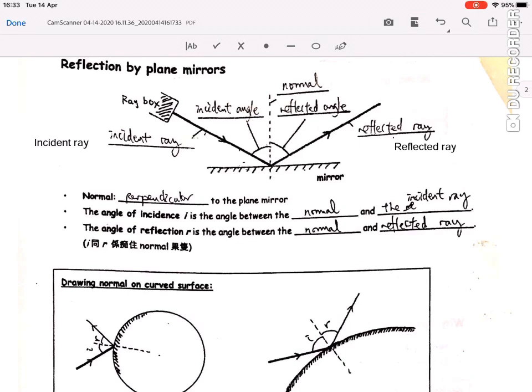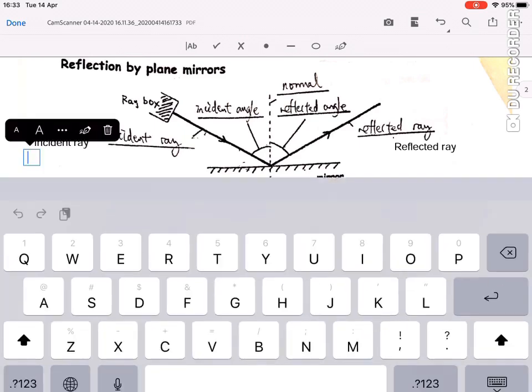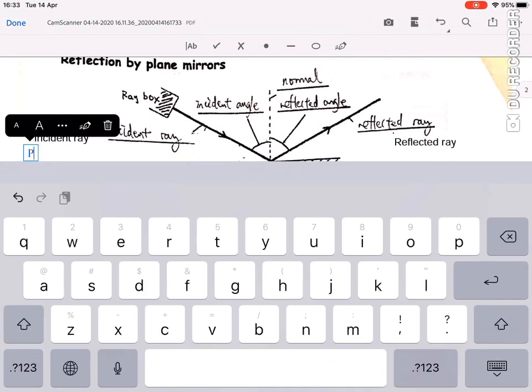And in here, one particular word you need to know is called perpendicular. Let me spell it out so that it's easier for you to see it. P-E-R-P-E-N-D-I-C-U-L-A-R.